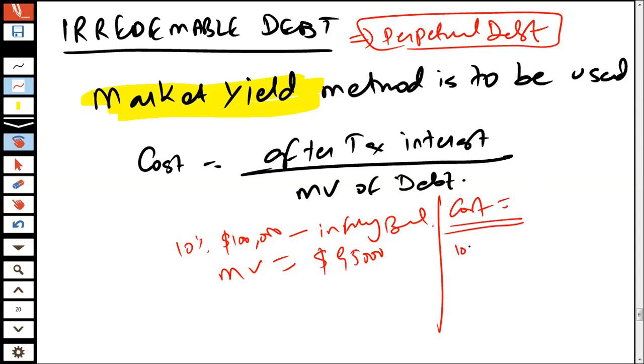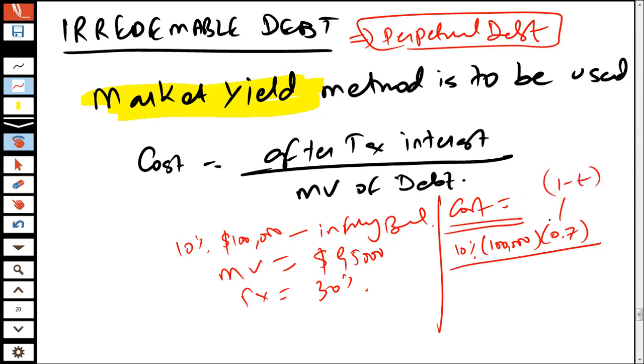You'd say after tax interest, where the tax rate is, let's say, 30%, is 10% into 100,000 into 0.7, because it is 1 minus T. And then you divide it by 95,000.